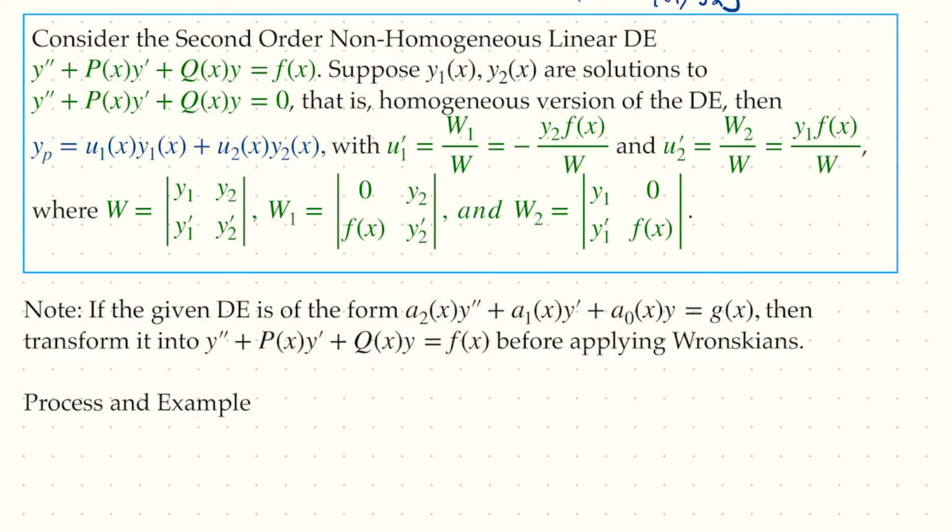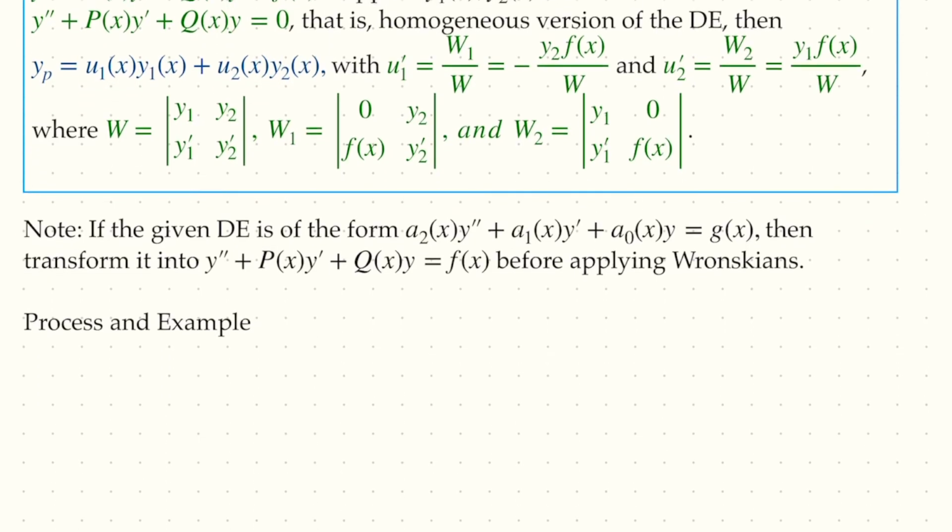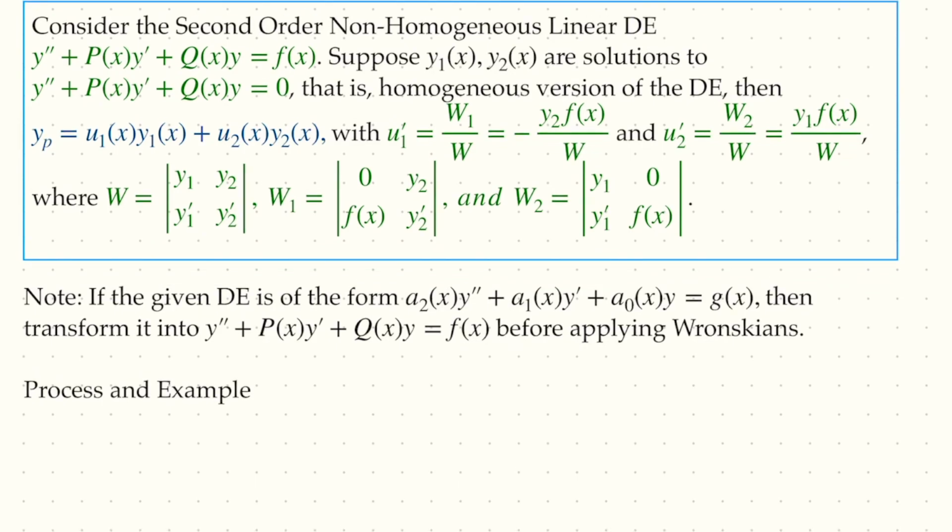Sometimes this involves a little bit of algebra, and also you have to find the u1, which is basically the integration of the u1 prime. That requires some extensive integration. Same thing with the u2 prime, that also requires extensive integration. Then you plug it back in, and given your y1 and y2, you can find the yc, and now you have your yp.